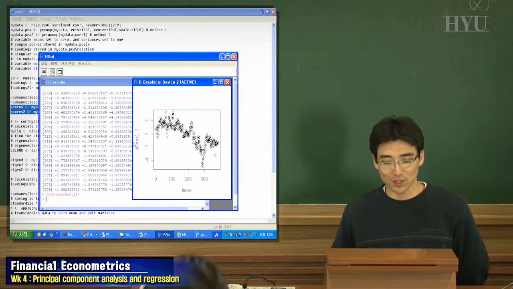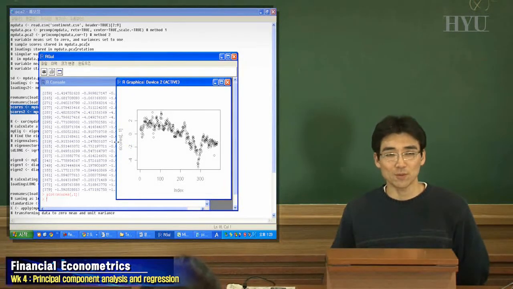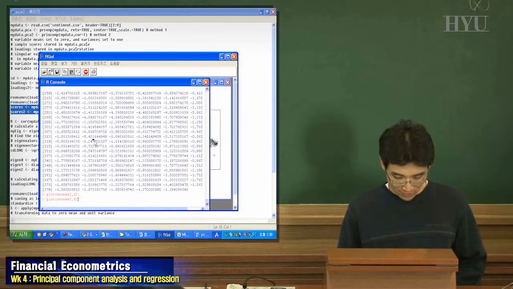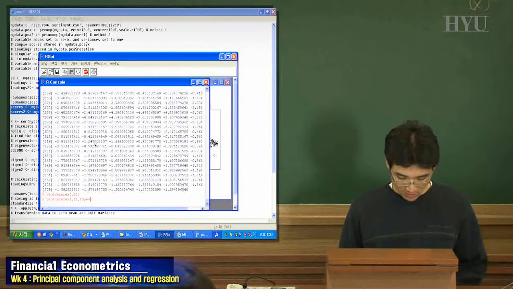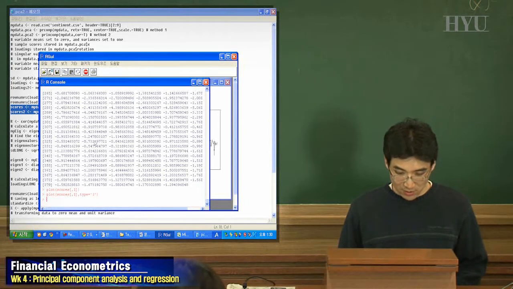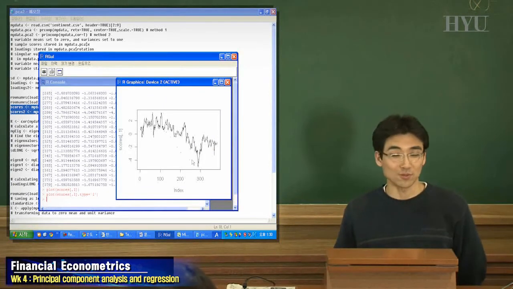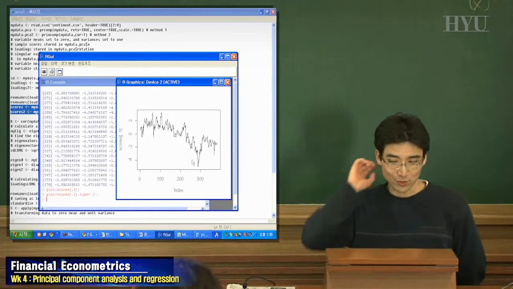Since my original variables were proxies for investor sentiment, it is standing for investor sentiment. I think the better graph is type line. Okay, so this is basically investor sentiment. Any question? So it was your homework.